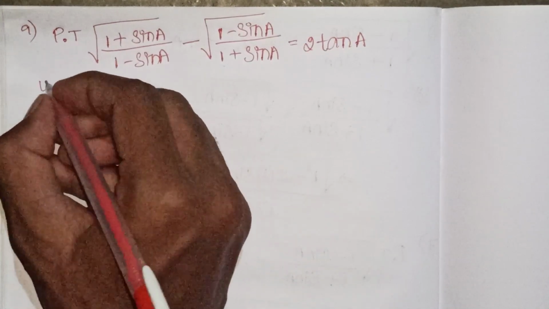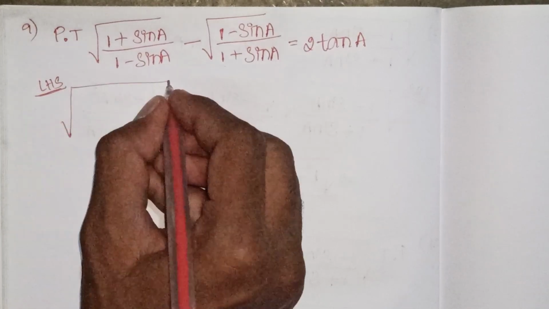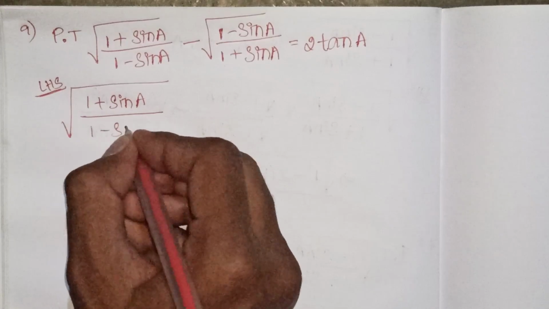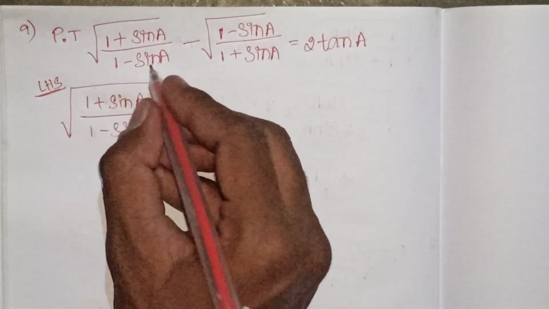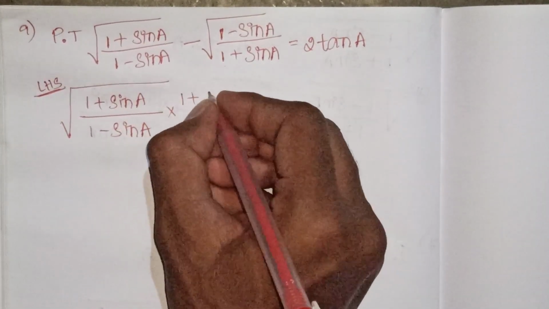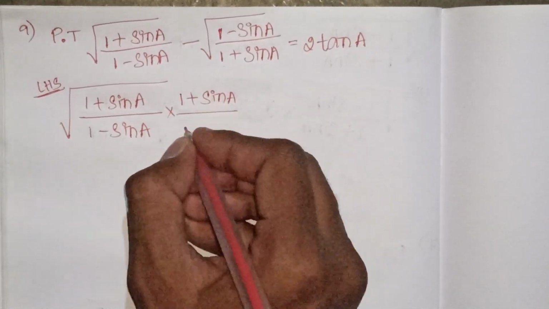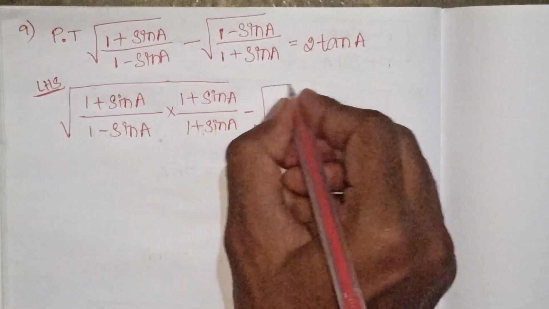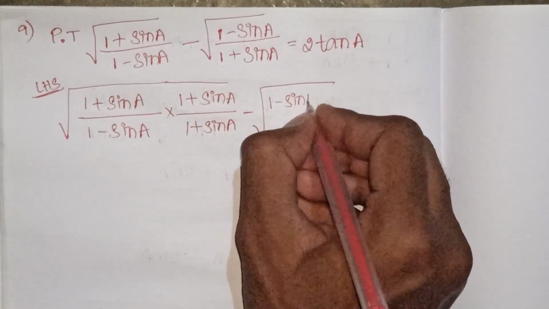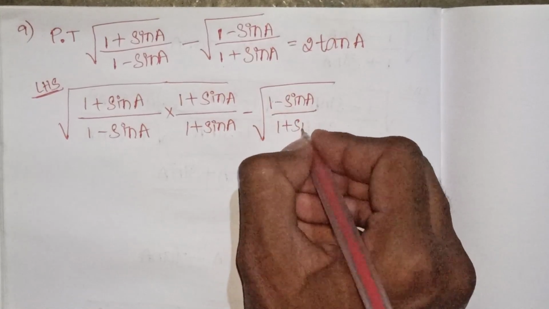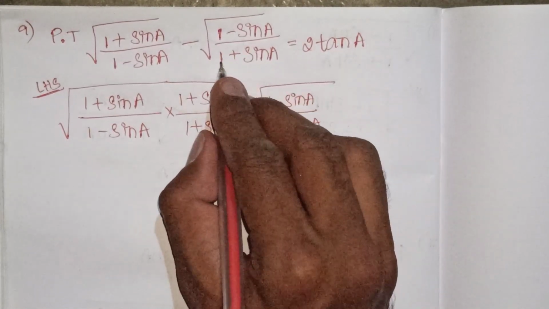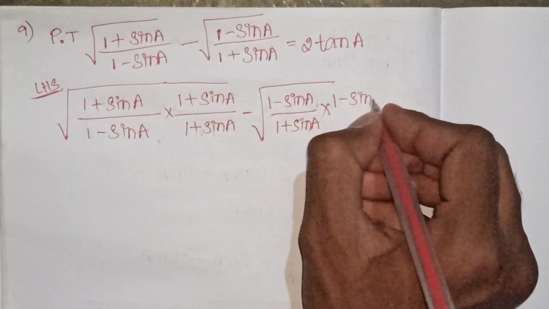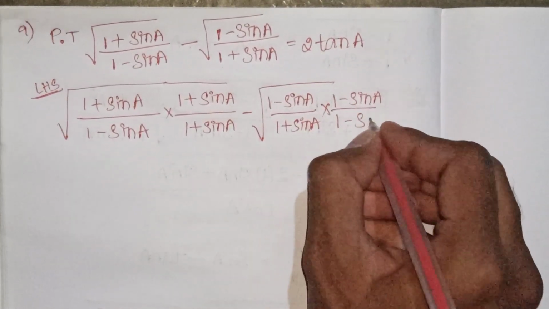So by taking LHS, 1 plus sin A by 1 minus sin A. In the denominator, we are having 1 minus sin A, so we need to rationalize by 1 plus sin A by 1 plus sin A, minus 1 minus sin A by 1 plus sin A. In the second term, we are having 1 plus sin A, so we need to rationalize it by 1 minus sin A by 1 minus sin A.